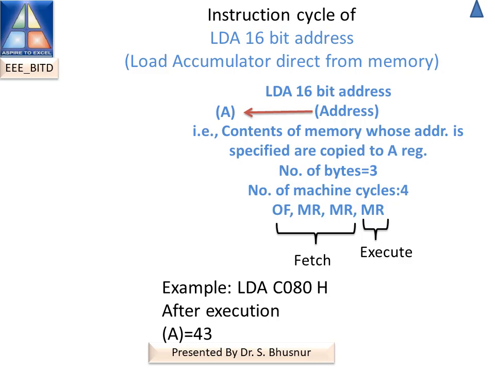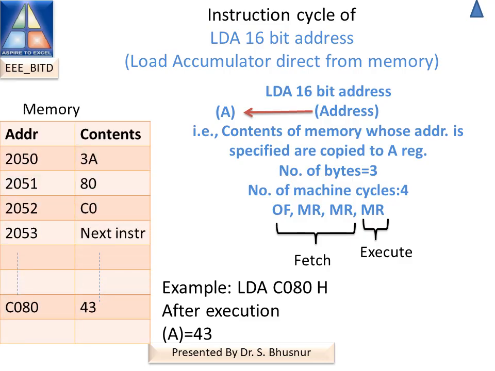As an example, let us consider that the 16-bit address is C080H. So LDA C080H means the content that is available in C080 will be copied to the A register.